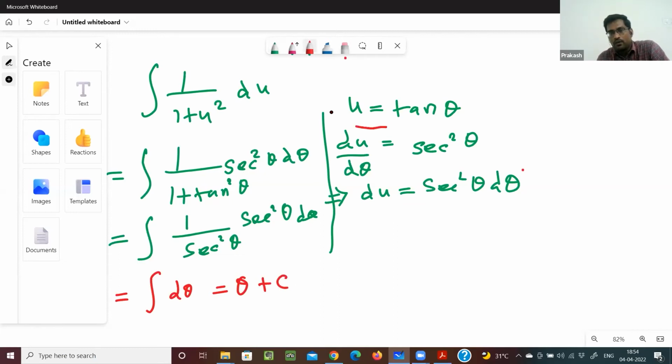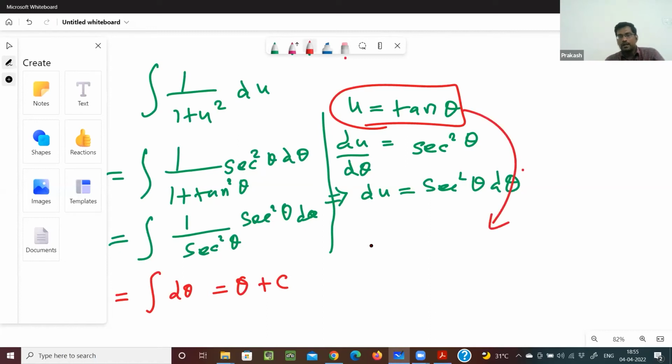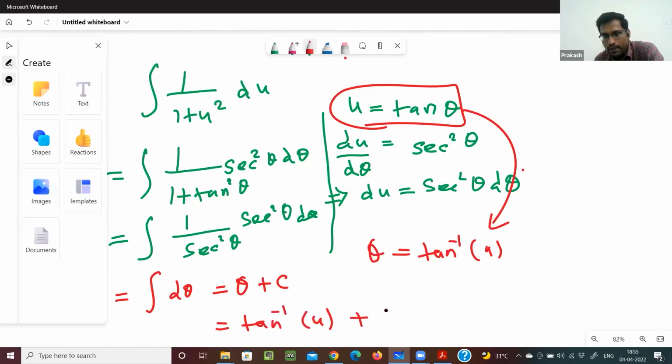But here we assumed u equal to tan theta, so theta is nothing but tan inverse of u. So this is nothing but tan inverse of u plus c.